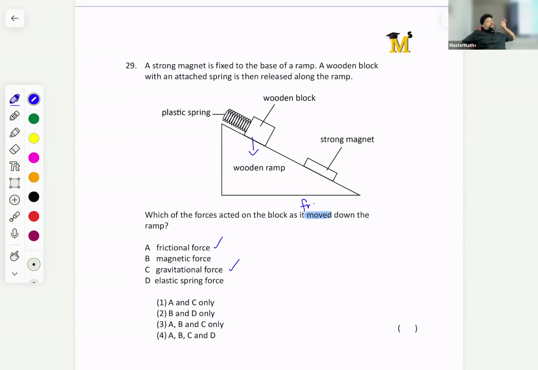Is there a magnet? No, why no? It's a wooden block. Will the magnet attract the wooden block? No, definitely not. Why is there no elastic spring? The spring is not attached to anything. The spring is just moving with the block. The spring is not stretched or compressed. It is just moving with the block. So based on this, the answer is option number.